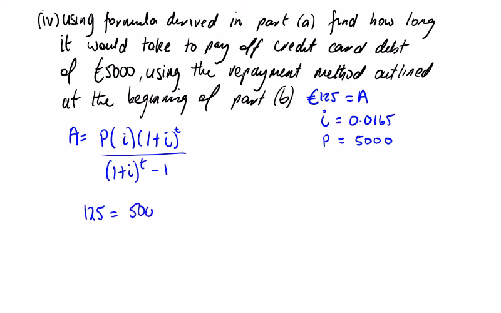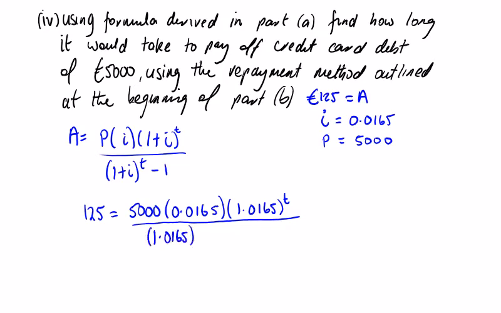equals 5,000 times 0.0165 times 1 plus I, so that's 1.0165 to the power T, divided by 1.0165 to the power T minus 1.